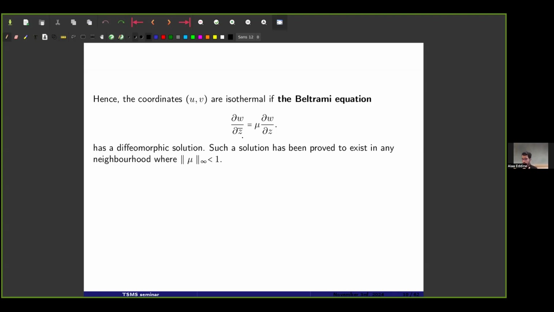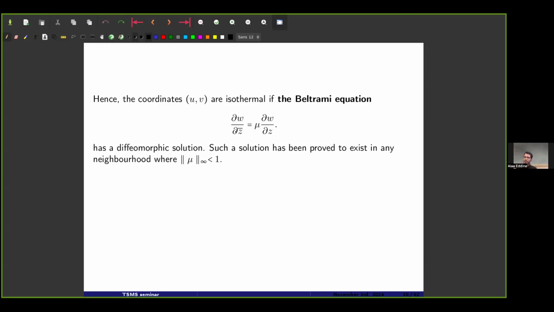And it turns out that this equation always has a solution. This was known since Gauss. Gauss proved it for analytic metrics, and then the results were improved for C infinity and even measurable.